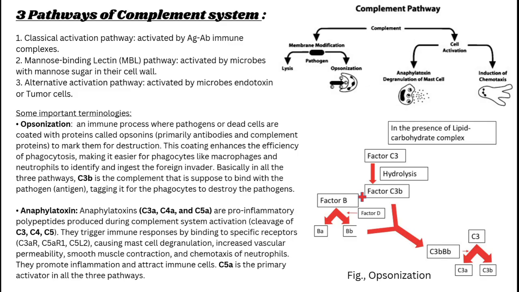is the complement that is supposed to bind with the pathogen or the antigen that will be tagged for the phagocyte, as I have already mentioned, to destroy the pathogens. So there is a pathway you see here.